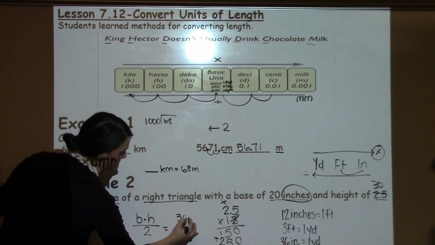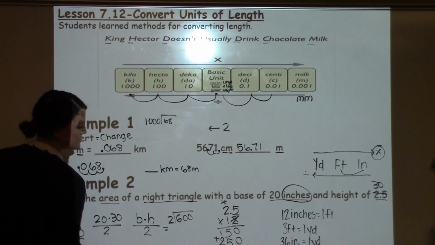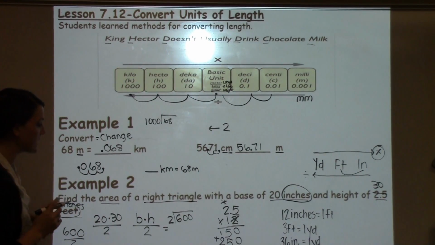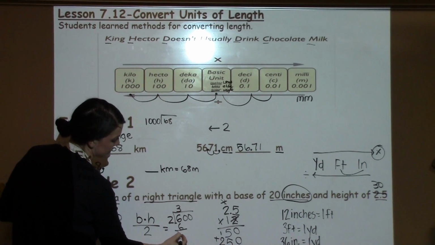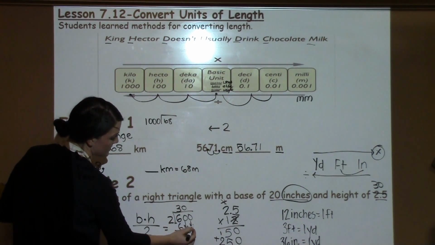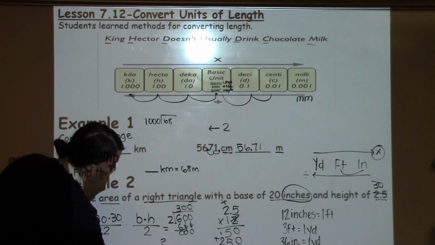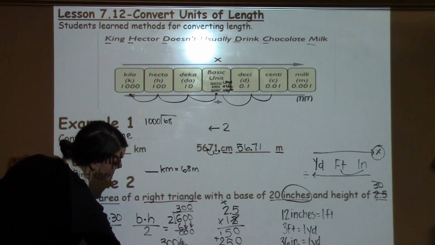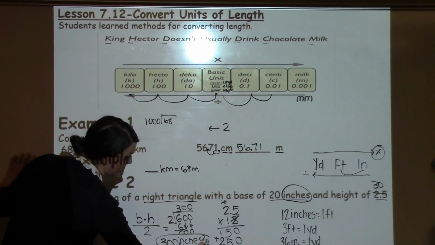And I know I'm moving around a lot, but I want to have enough space. So I know that 600 divided by 2 is a problem that I need to solve to find my final answer. 2 goes into 6 3 times to get me exactly 6. And then I just have zeros left to bring down, which means I will just have zeros left to put up, for a final answer of 300 inches squared, since we're working with area.